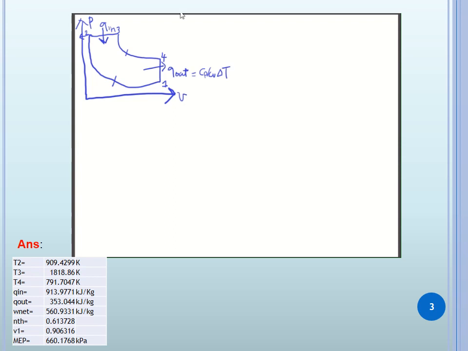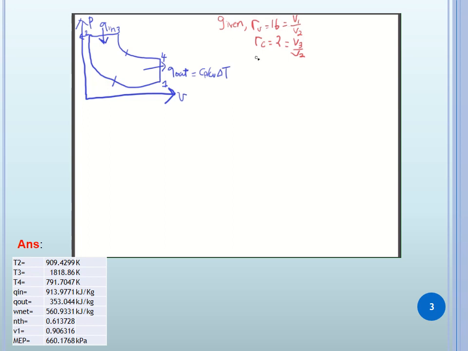Okay, so now we try to look at what has been given in this example. The data given is RV equals 16, where RV is the compression ratio V1 over V2, and then we have the cut-off ratio RC, which is the volume after combustion over the volume before combustion.